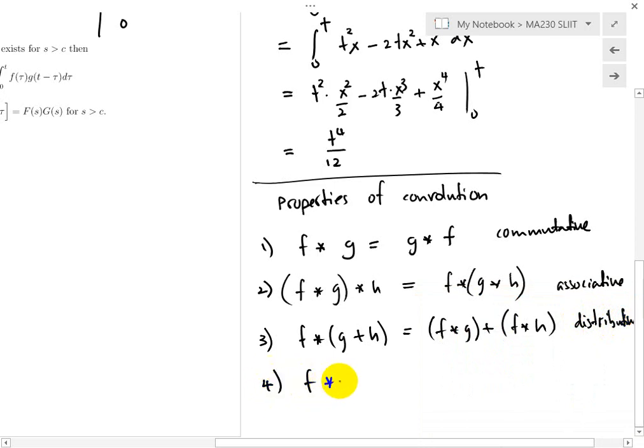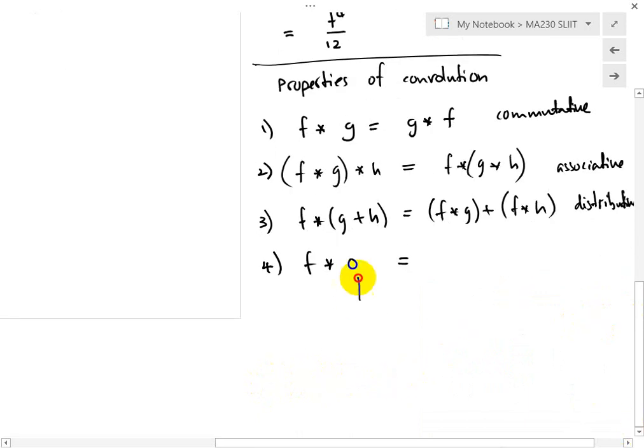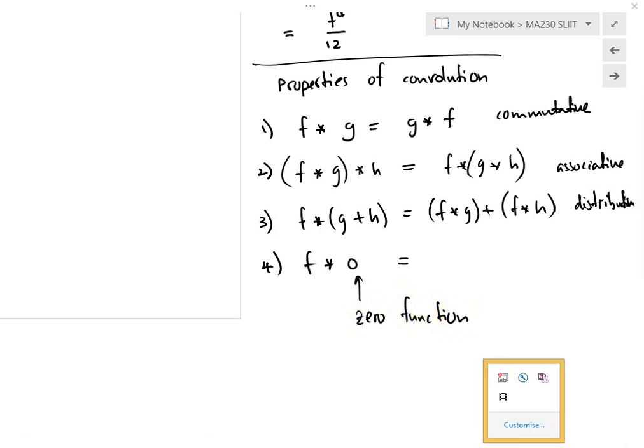What is f convolution 0? This is the 0 function.